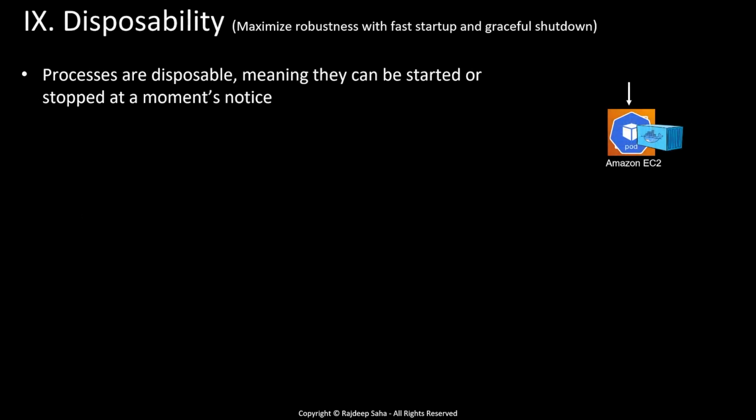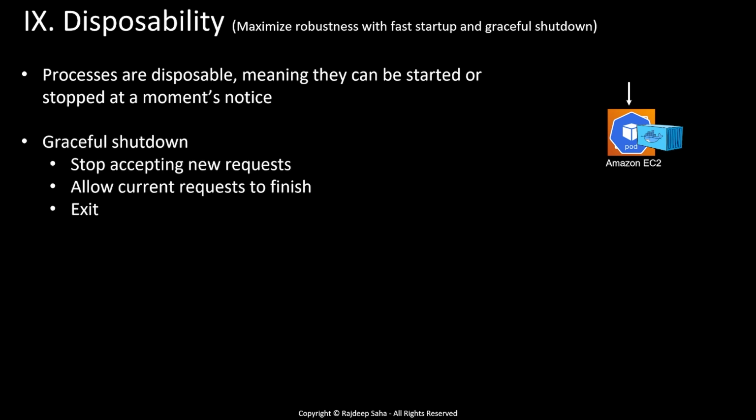Then the next one is disposability, which is to maximize robustness with fast startup and graceful shutdown. It says processes are disposable, meaning they can be started or stopped at a moment's notice. And some factors helped with this, because stateless processes are easier to restart because all the data is stored in the database.